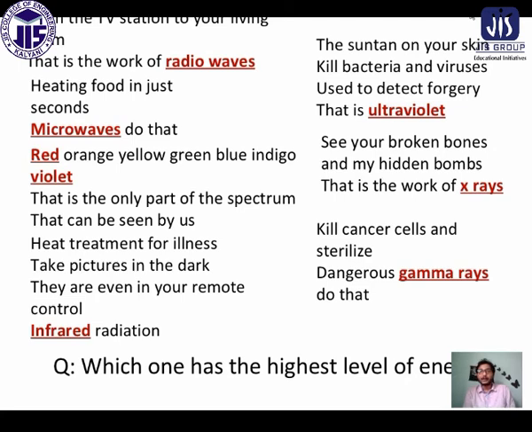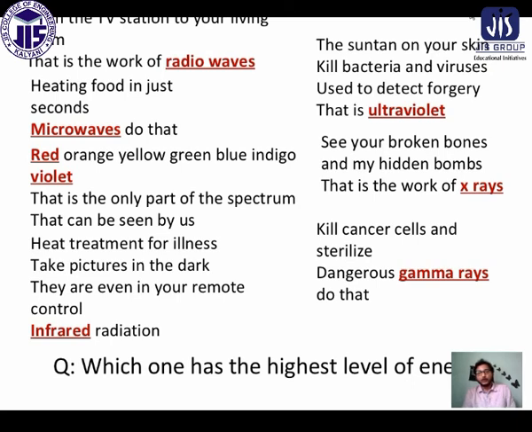Similarly, ultraviolet or UV rays are used as a disinfectant, to kill bacteria or viruses. So that is where we can use ultraviolet rays. Similarly, for X-rays, suppose there are any broken parts in our body, the doctor refers us to go for the X-ray plate so that they can understand which part is broken.